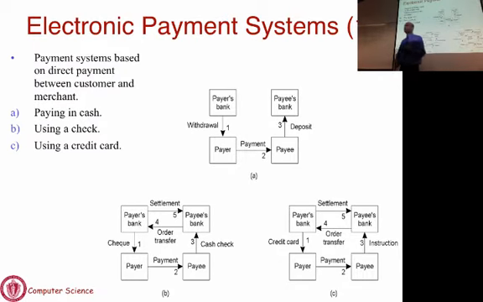Now credit card payments work the same way as check payments, except that they're all electronic. There's no paper involved. So your bank or credit card company issues you a credit card. Then when you want to make a payment, you use the card to go to a merchant and make a payment.